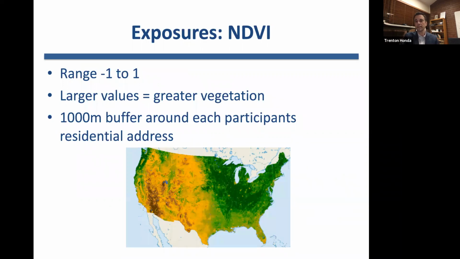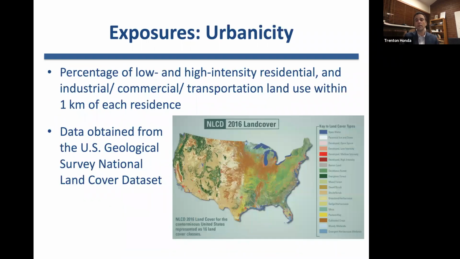We linked these to the residential addresses of participants in the study using a 1,000-meter buffer around each participant's residential address, accounting for moves that occurred between wave 1 and wave 2. For our urbanicity exposure, this was based upon the percentage of low and high intensity residential and industrial transportation land use that was linked within 1 kilometer of each residence.